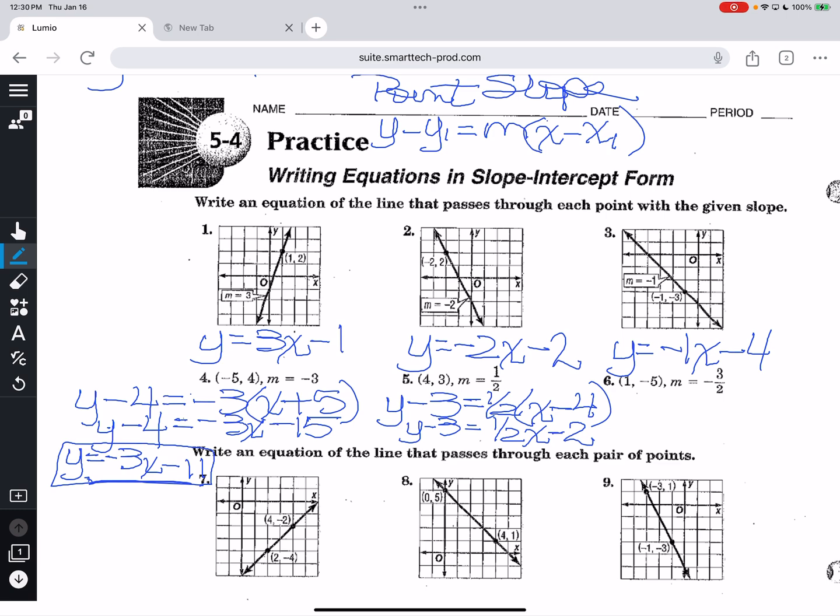It would be negative. Then our final answer, y equals 1/2 x, what? Plus 1. The negative 3 travels across the equal mark as a positive 3. So positive 3 minus 2.